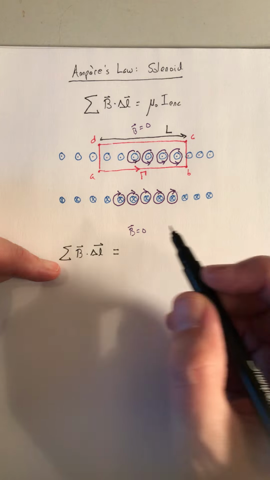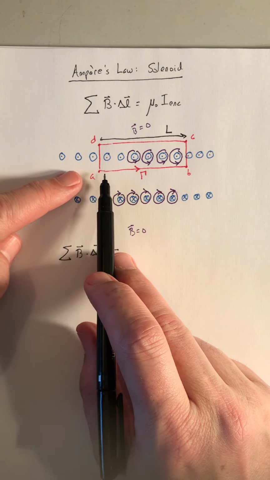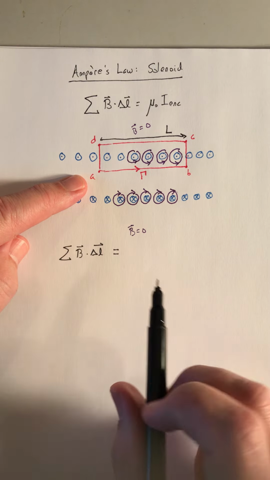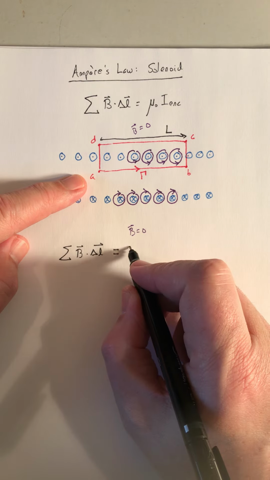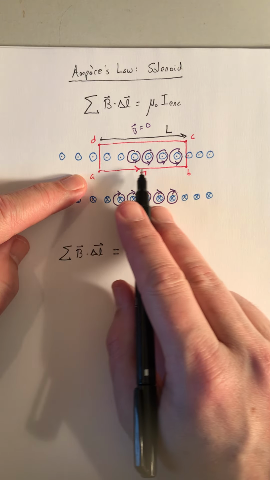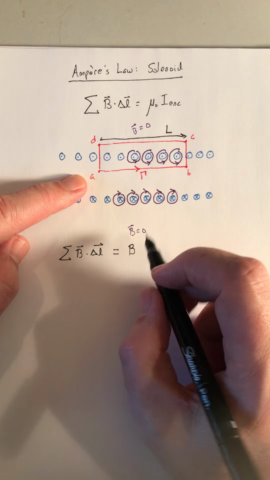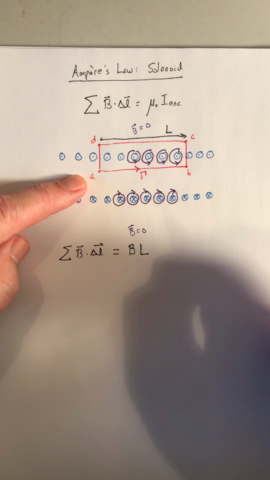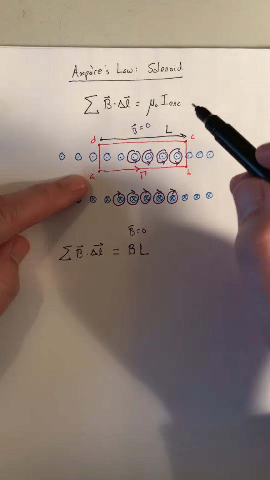So this is going to have 4 parts. There's a part going from A to B, and then in there the magnetic field is uniform. It's pointing in the same direction that I'm adding things up along my loop, and I picked that dimension to be L.